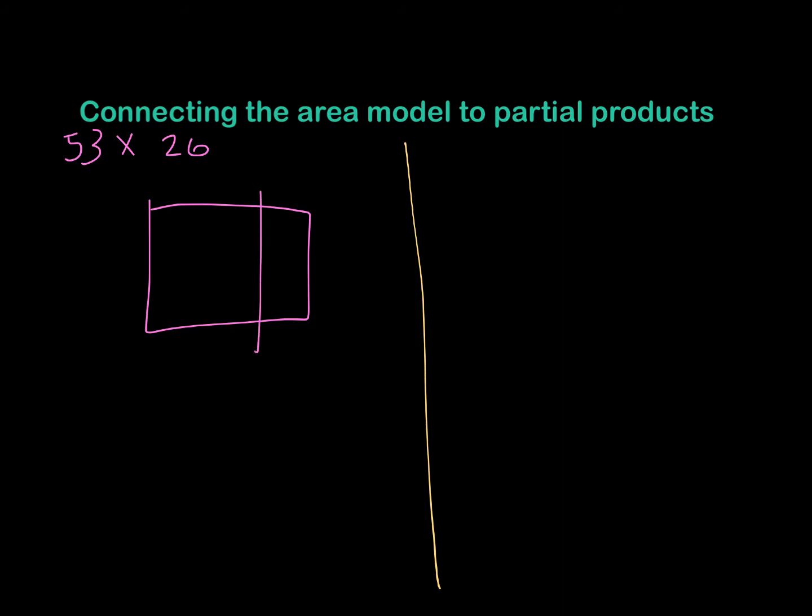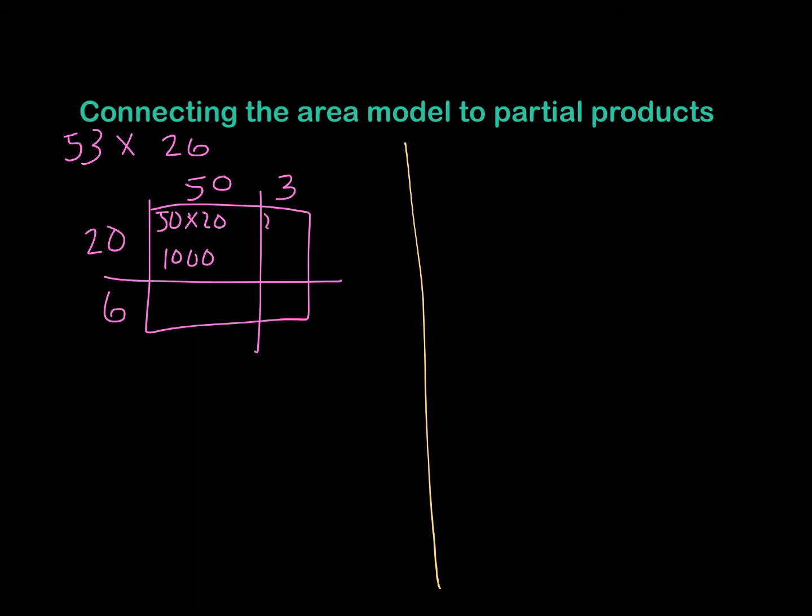We're going to break up 53 into 50 and 3. And then we're going to break up 26 into 20 and 6. When we multiply 50 times 20, we get 1,000.